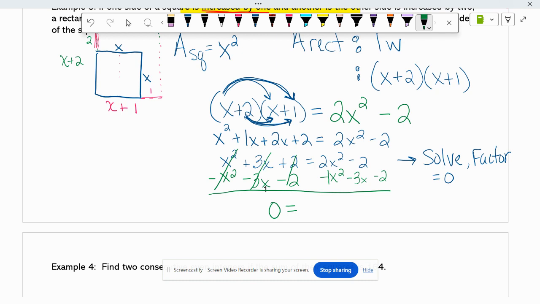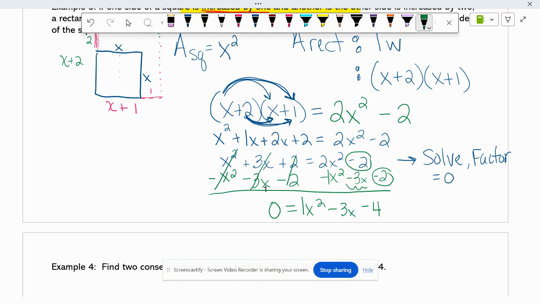Yeah, just 1x squared. There's no x term, so this negative 3x comes down by itself. And negative 2 combined with negative 2 gives me negative 4.